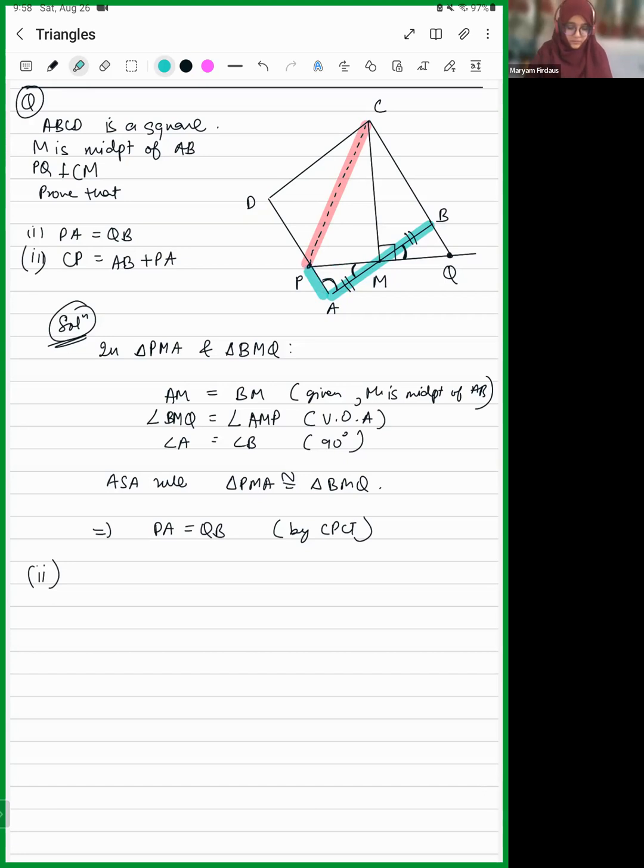Ma'am, angle CMQ is 90, so the other angle will also automatically be 90. Yes, okay, so this is 90. In the last question you told that the whole triangle PAM is also 90, because it's angle PAM.